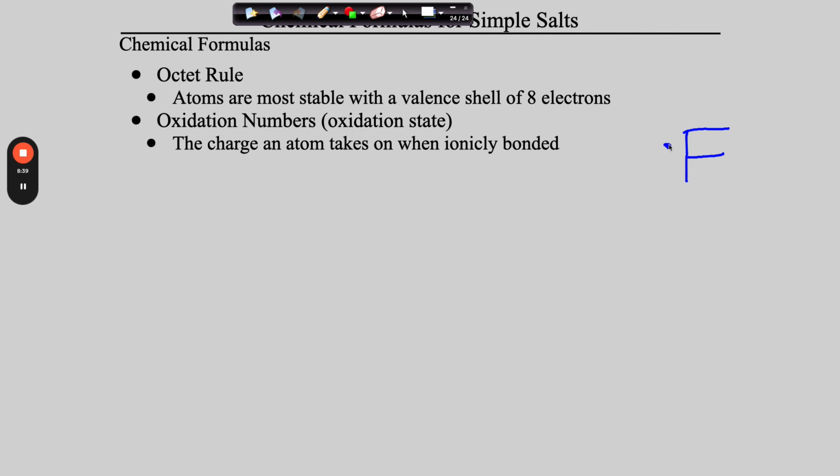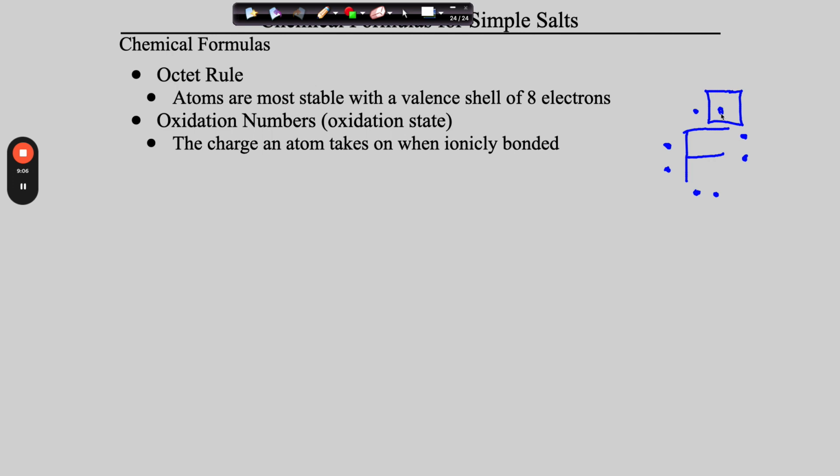And so we know that fluorine has 7 valence electrons. So how many electrons does it want to get 8? And obviously the answer is it wants 1 electron. So when it picks up that 1 electron, its charge becomes -1.